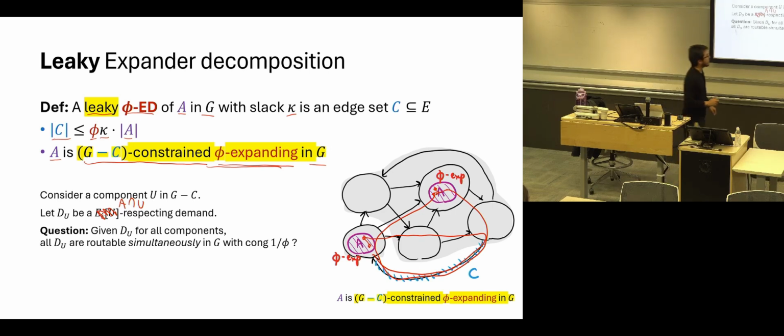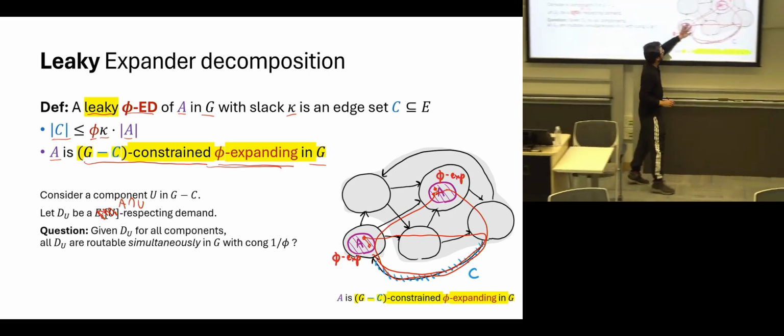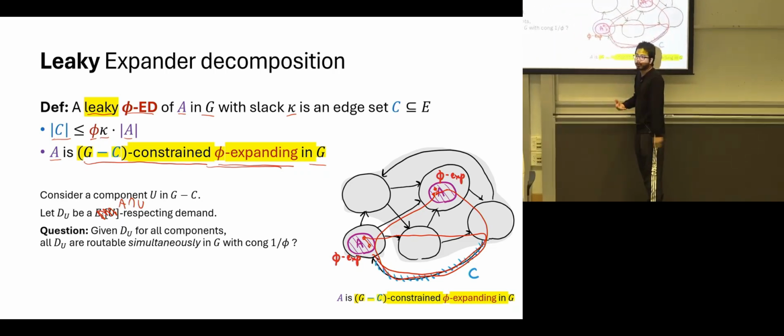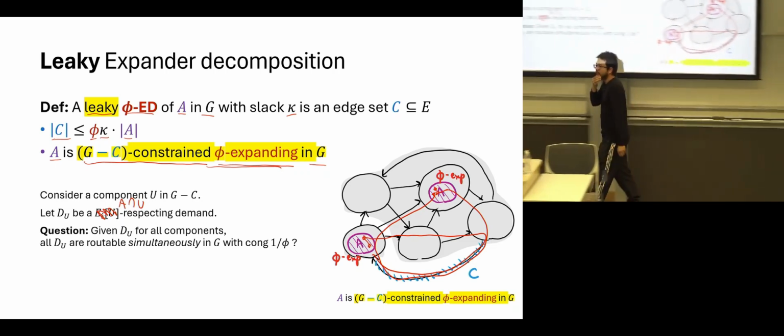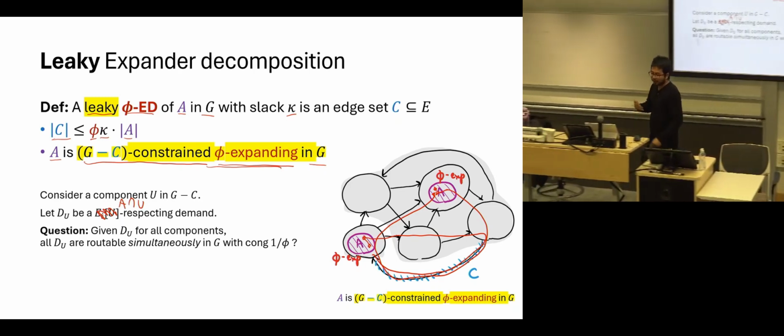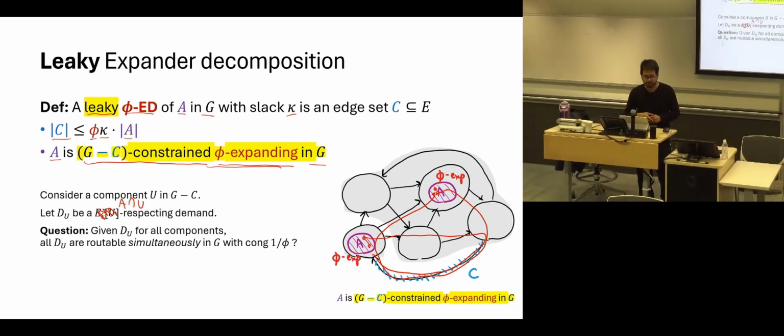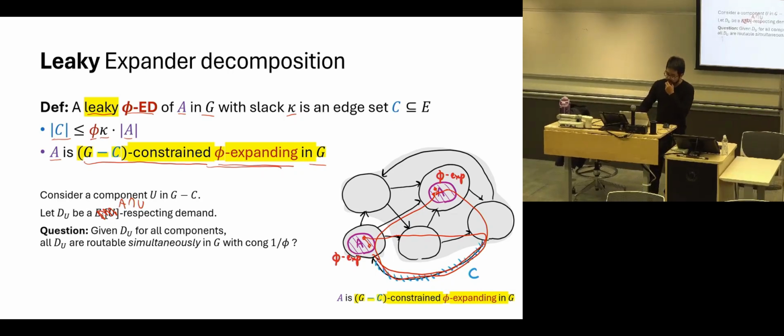So the congestion caused from here and the congestion caused from demand here might interfere with each other, and the worry is that they might have large congestion. But actually, it will have low congestion.